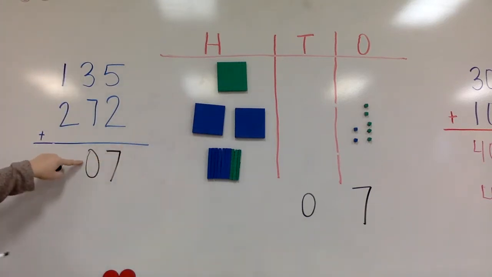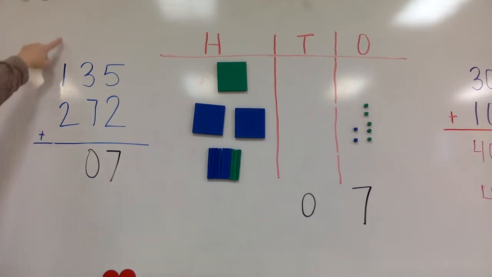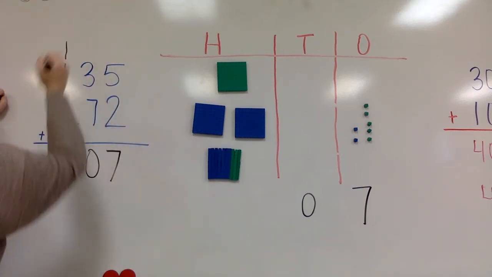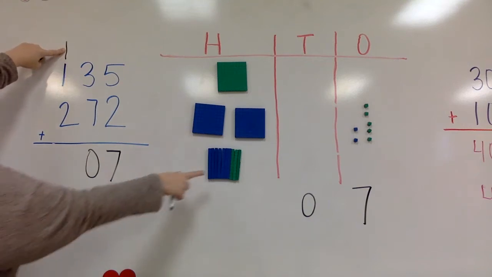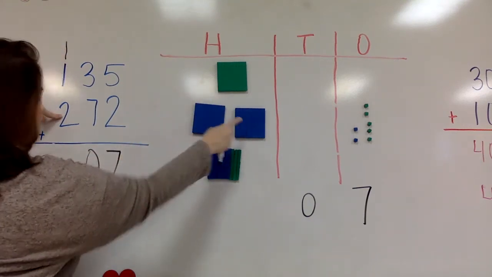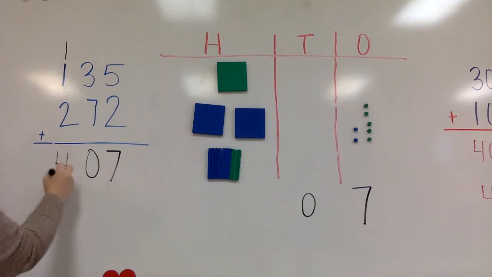So this time, when we put our number up here, it's going to be 100 because we made a new 100. So you have to put it up here on top of the hundreds place. Okay, made a new 100. So this 100 is the new 100. This one is for 135, and then we have 2 for 272. So let's put those together. 100 plus 100 is 200, and 200 plus 200 is 400.